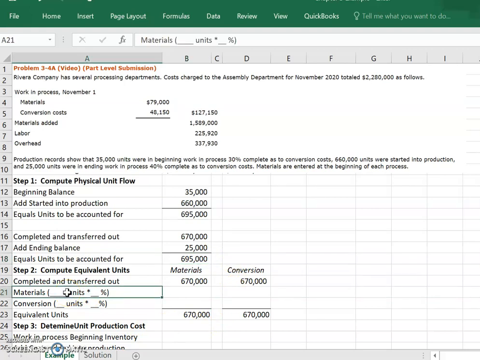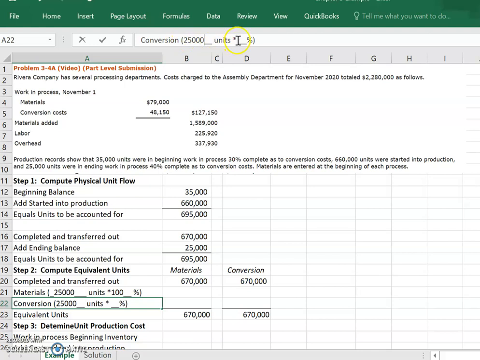And by reading that paragraph, it tells me that, again, we're ignoring that beginning inventory percentages, but it says my ending inventory are 40% complete as to conversion costs, but materials are added at the beginning of the process. That means they are 100% complete. So I'm going to take my total units in my ending inventory and multiply it by that percent complete. Materials are 100%.